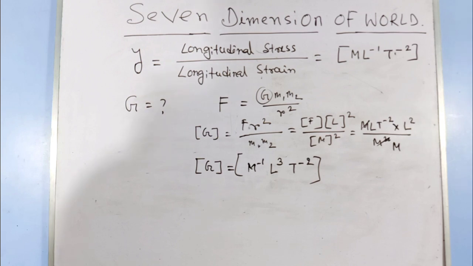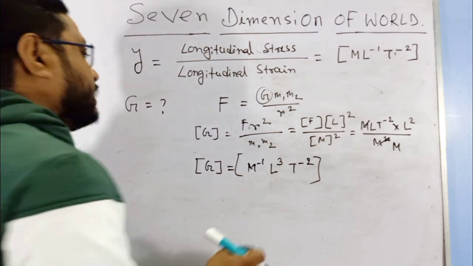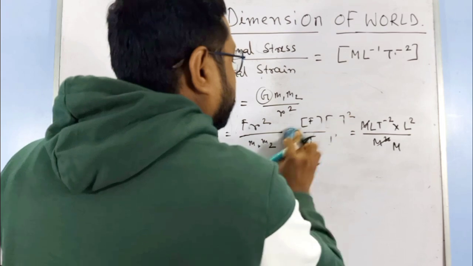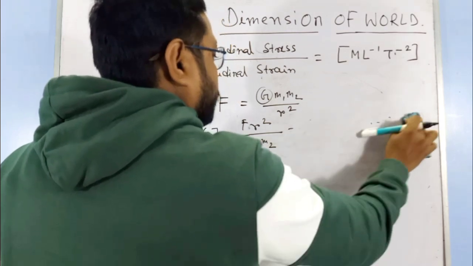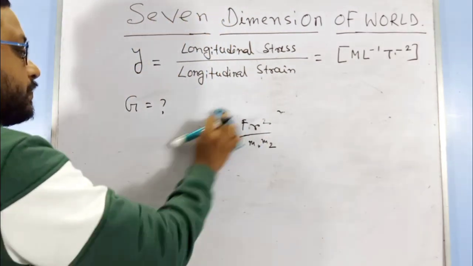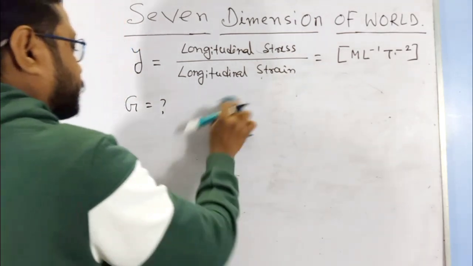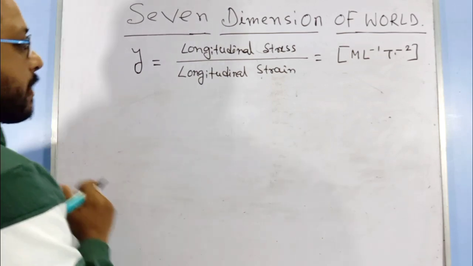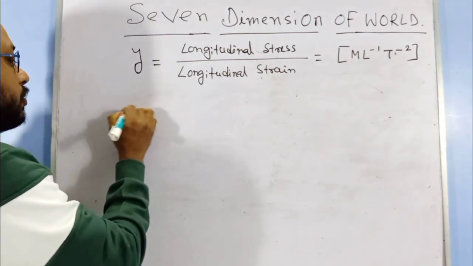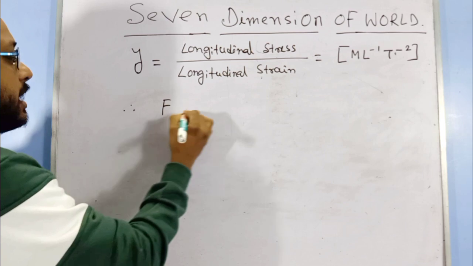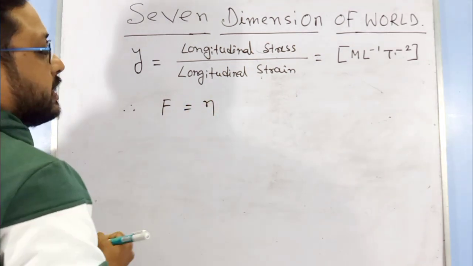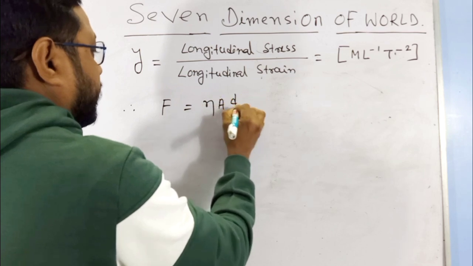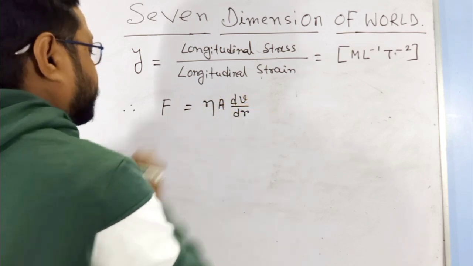Okay. In this way we can determine the dimension of any physical quantity. Suppose we have to find the dimension of the coefficient of viscosity. We know that the viscous force F is equal to eta, that is the coefficient of viscosity, into area divided by velocity gradient.